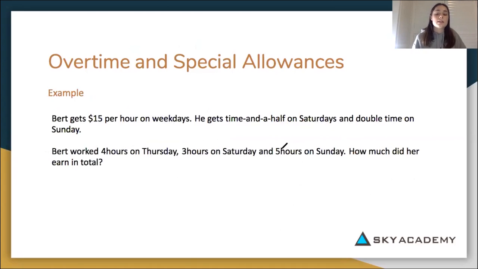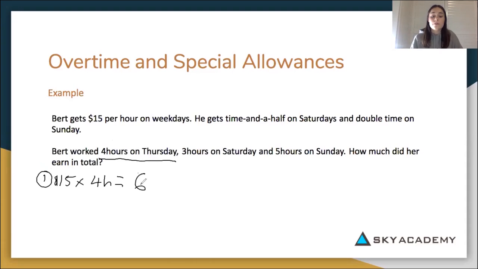Firstly, I'm going to do my normal pay. He gets $15 per hour on weekdays, so $15 times my weekdays. My only weekday here is Thursday, and he worked for 4 hours on Thursday. So that's going to give me a total of $60.